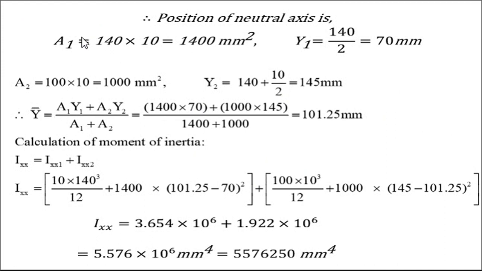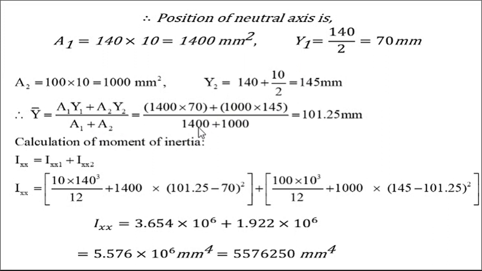Then you can put these values A1, A2, y1, y2 in this formula, so that we can locate the position of the neutral axis. So y bar equals A1 y1 plus A2 y2 divided by A1 plus A2. So A1 is 1400 into 70, and A2 y2 is 1000 into 145, divided by A1 plus A2.